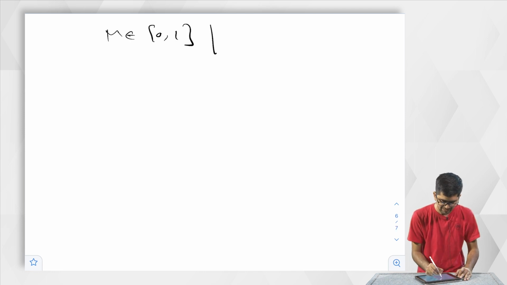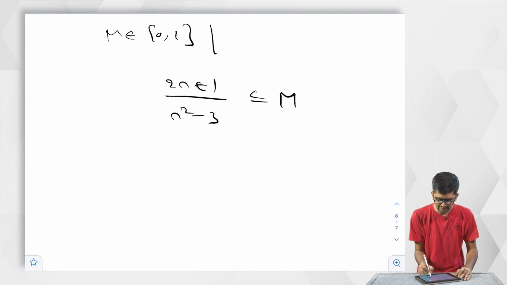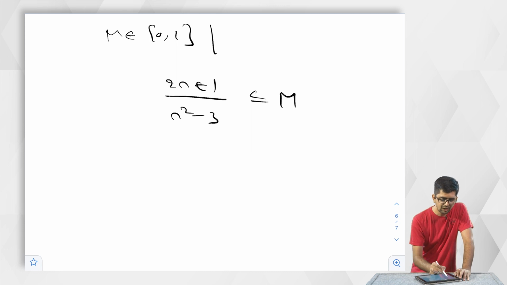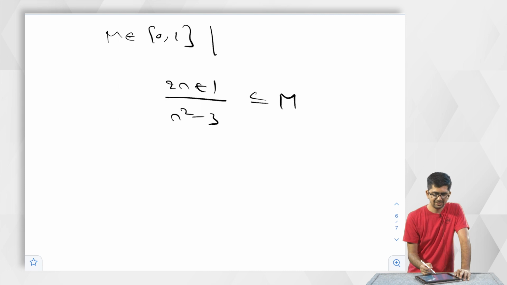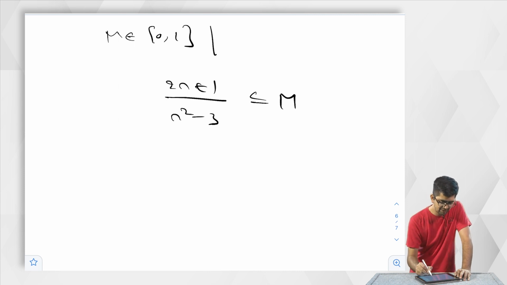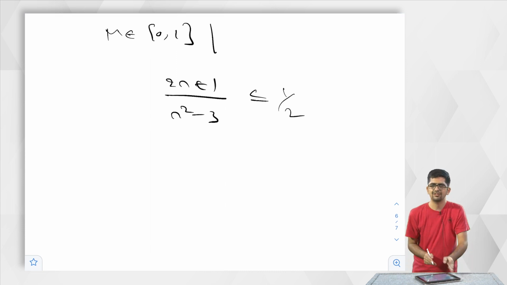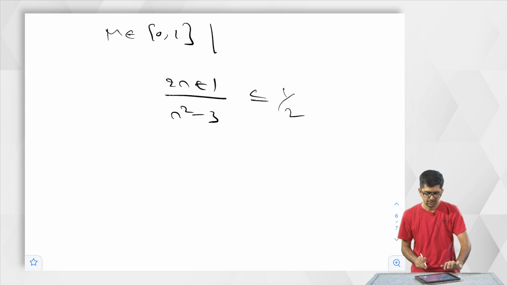So we are looking for some element m belongs to 0, 1 such that 2n plus 1 by n square minus 3 is less than or equal to m. See, m is equal to 1 option, we have already seen that this is true. So let us try if we can do something about m is equal to half. This may not be true, but we can just try, I mean we do not lose anything.